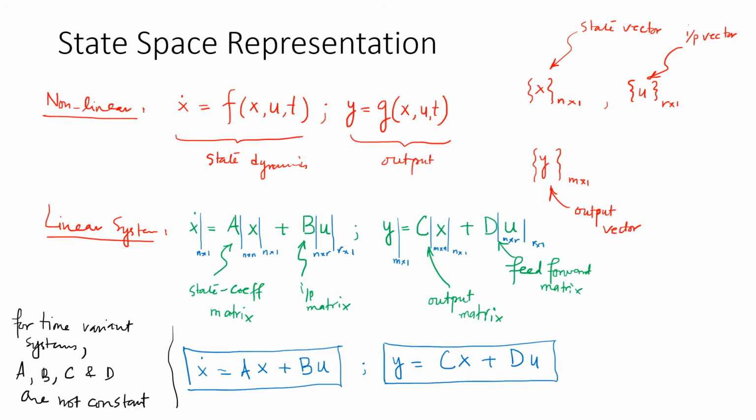And for time invariant systems, let me use a different color. These matrices A, B, C, and D are going to be constants.